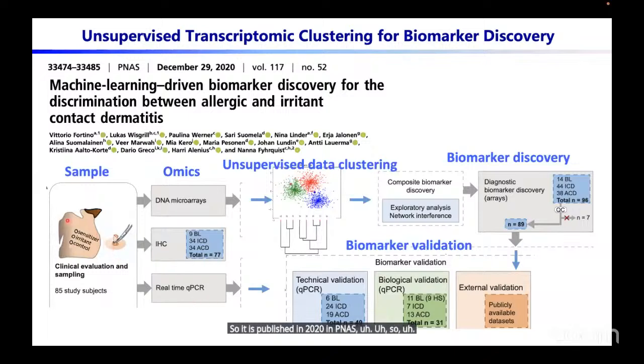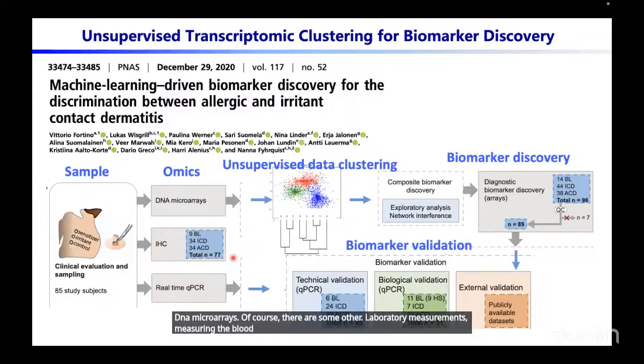In this case, we have the sample drawn from the patient, and then the transcriptome was measured by DNA microarray. Of course, there are also some other laboratory measurements on the blood sample.